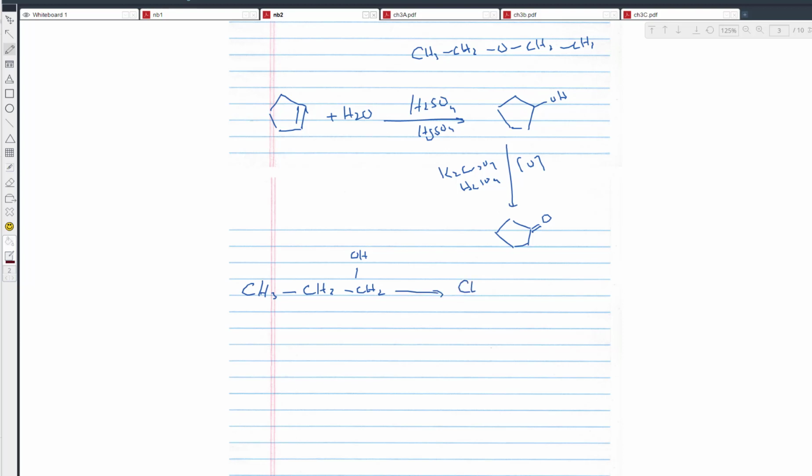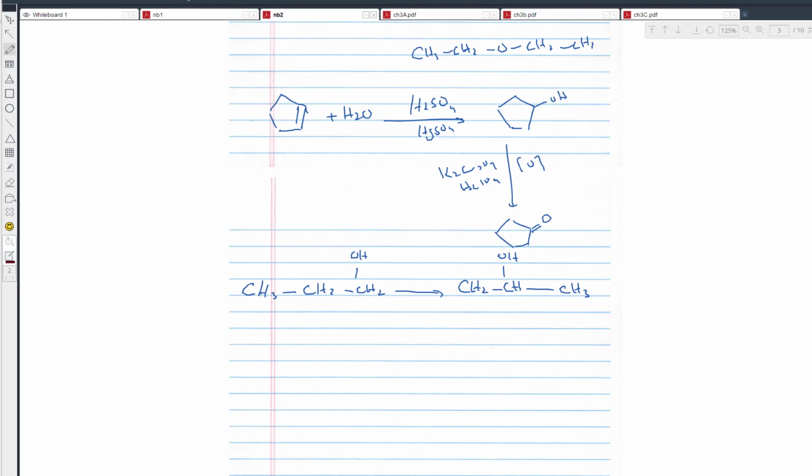Primary can give us an aldehyde, but let's see. If I dehydrate this, take the water out, it'll give me an alkene.